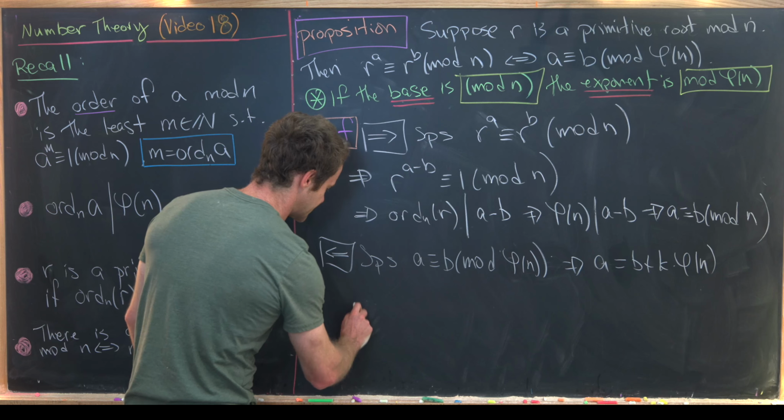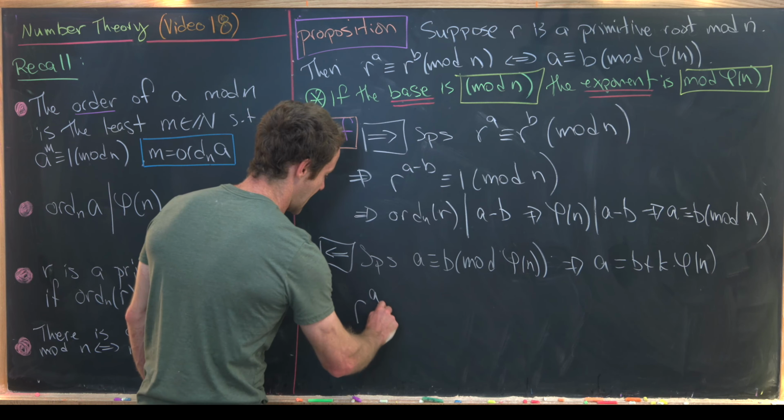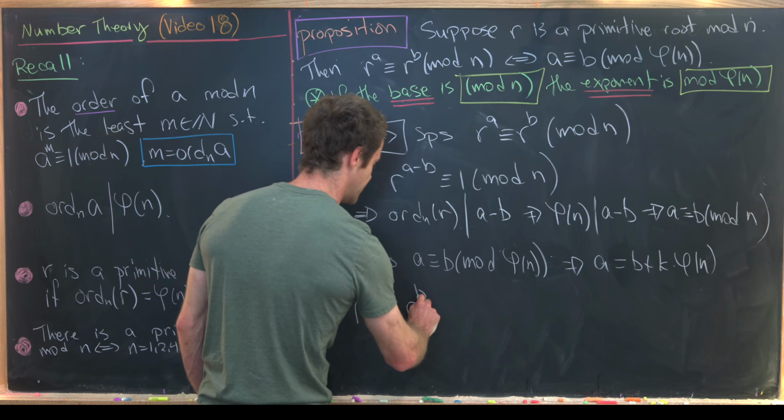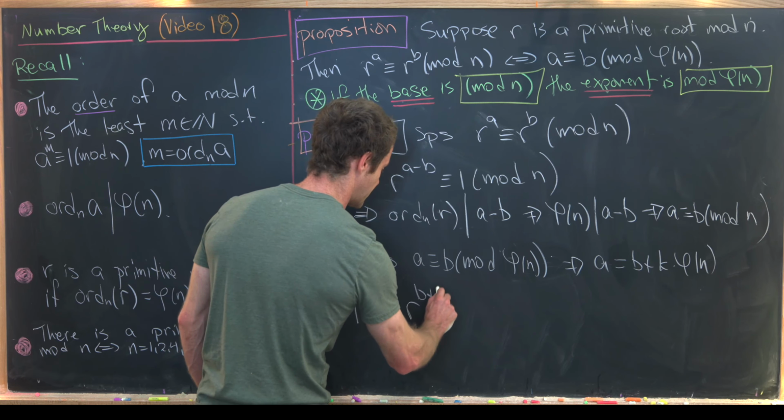Now next, we'll see that r to the a is equal to r to the b plus k times phi of n, which is equal to r to the b times r to the phi of n all to the k power. But notice by Euler's theorem, r to the phi of n is congruent to 1 mod n. So here we have r to the b times 1, or just r to the b mod n. And that finishes the proof of this proposition.